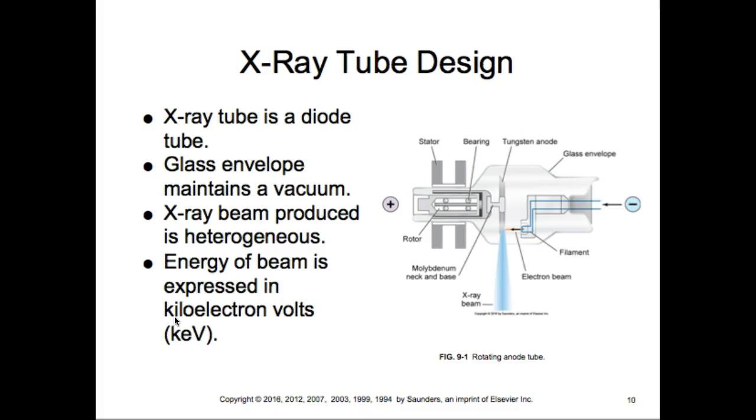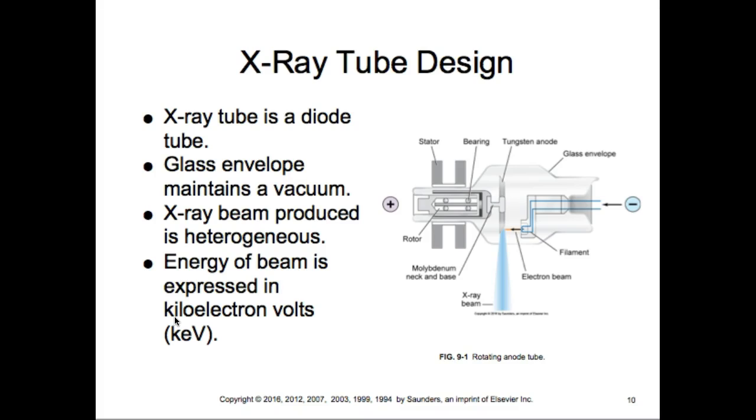So, your X-ray tube design. The X-ray tube is a diode tube with a glass envelope, and we talked about how it's Pyrex, because it can handle high heat. The X-ray beam produced is heterogeneous, so you have a lot of different energies within your beam.